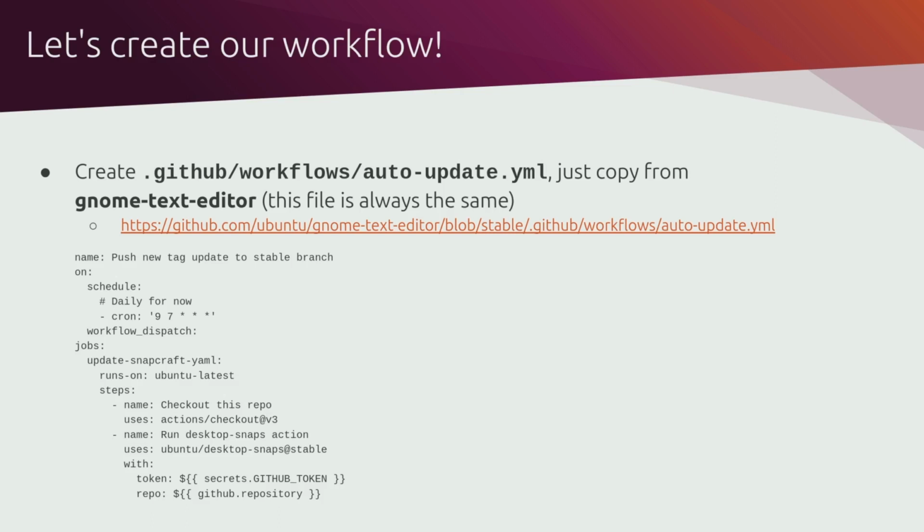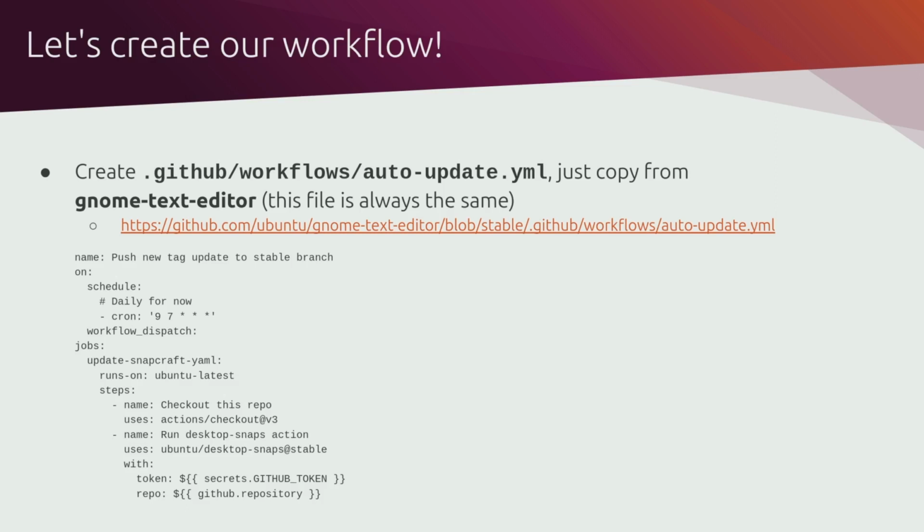This is the GitHub action which analyzes the snapcraft.yaml, which upstream sources are there, and checks for each source whether there's a newer version. And inside this repository, we take the stable branch. And this GitHub action does not work without supplying parameters.